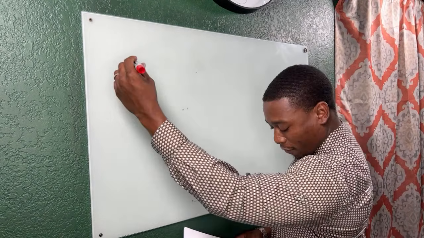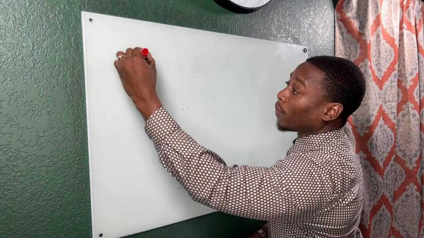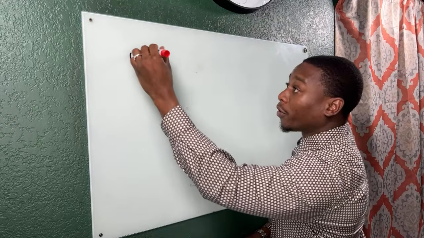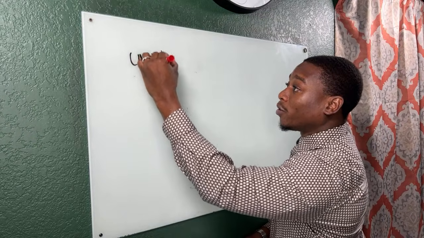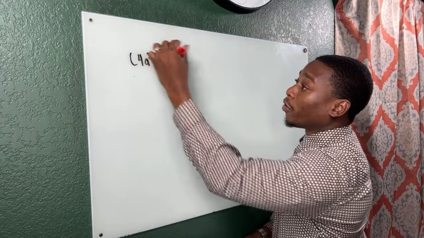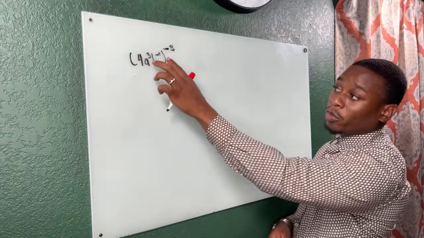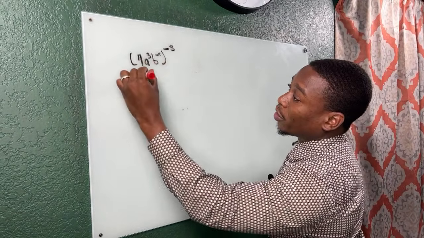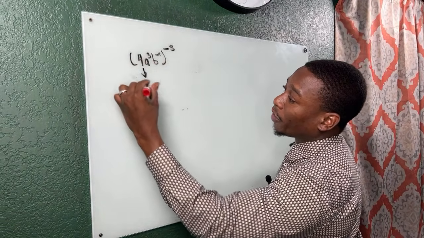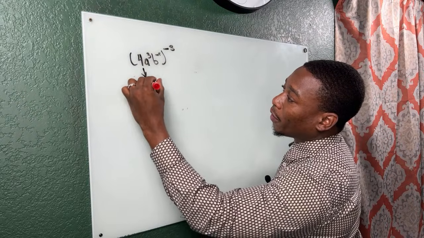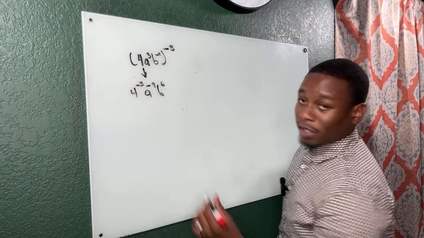All right, so this is what they gave us. We have 4a to the third, b to the negative 2, all to the negative third power. Family, just remember, we're multiplying the exponents. So this turns into 4 to the negative 3, a to the negative 9, b to the positive 6.